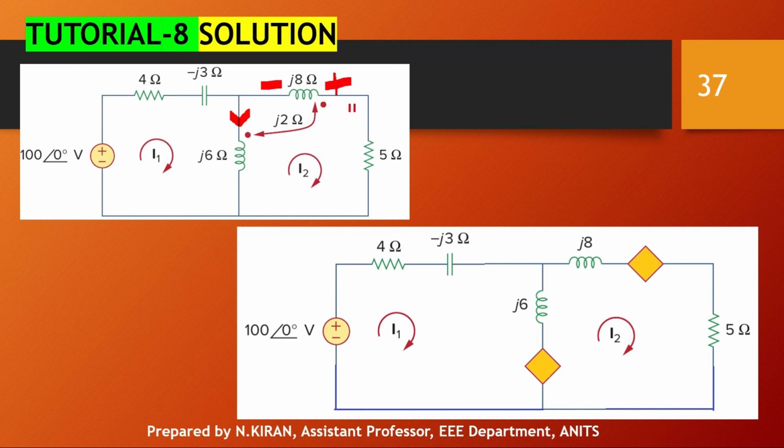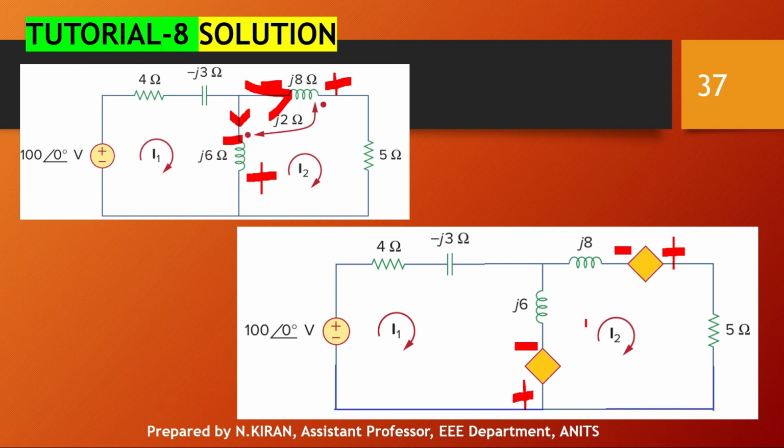Similarly in the second coil, the current is entering at the undotted end, so here I'll get positive and here I'll get negative. According to our dot rule, here I should get negative, here I'll get positive. Similarly, here I'll get positive and here I'll get negative.